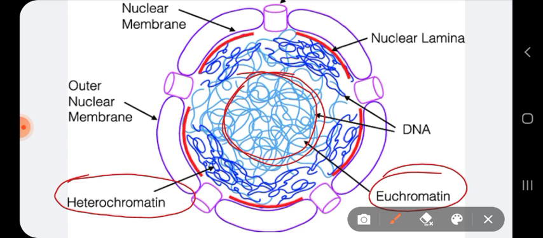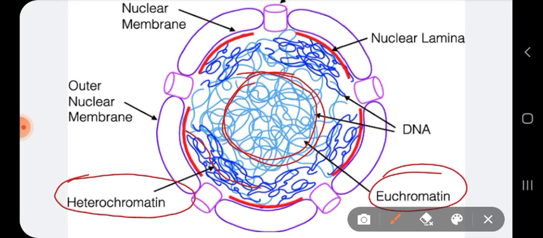Because if it is tightly coiled, how will the enzymes access the sites for replication and transcription? So euchromatin is a loosely coiled structure, observed during replication and during transcription of certain regions within the chromosomes.